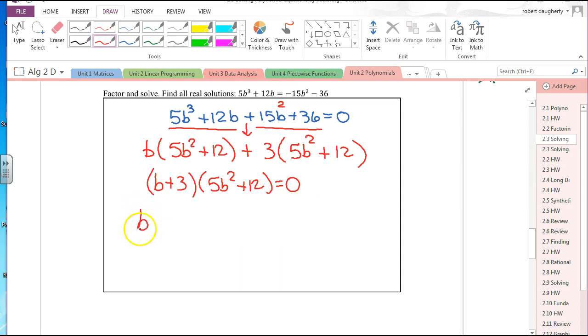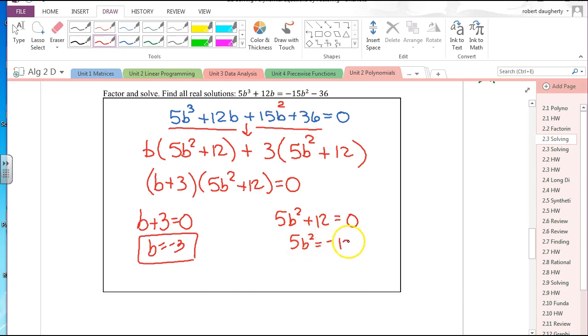Set each factor equal to 0. b plus 3 equals 0 means that b is equal to negative 3. 5b squared plus 12 equals 0 means that 5b squared equals negative 12, b squared equals negative 12/5.